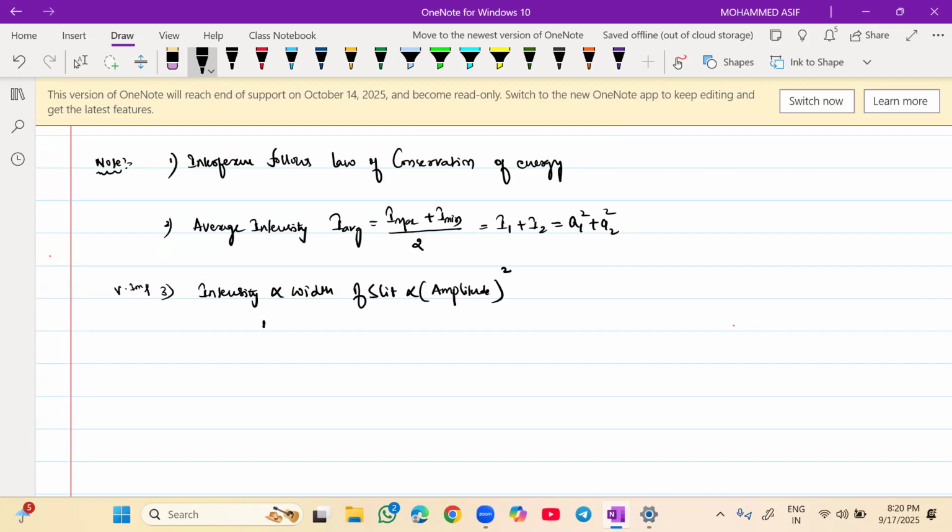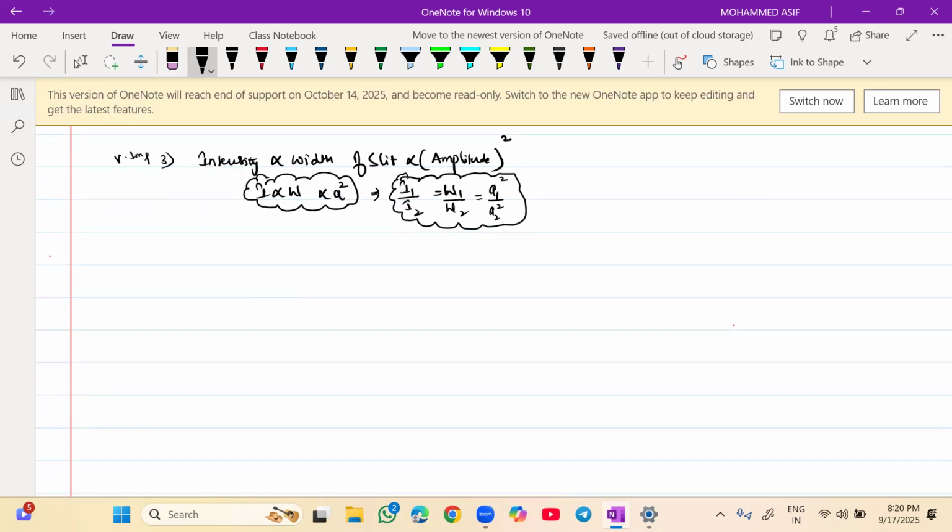So I'll write here: I is directly proportional to the width, and width is directly proportional to the square of the amplitude. From this I can write I1 divided by I2 is equal to W1 divided by W2, and that will be equal to A1 square divided by A2 square. So these are the ratios you need to remember for doing numericals when comparing two waves.